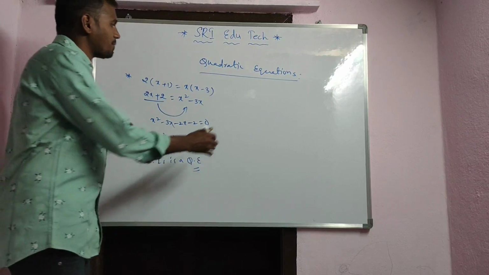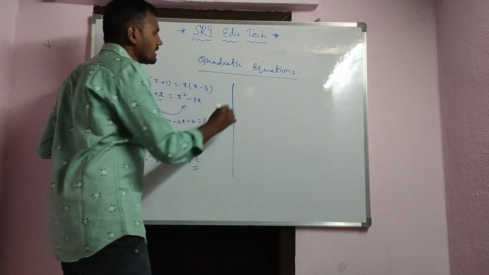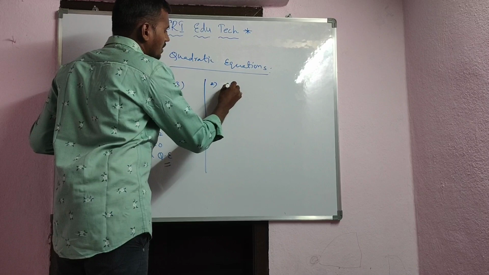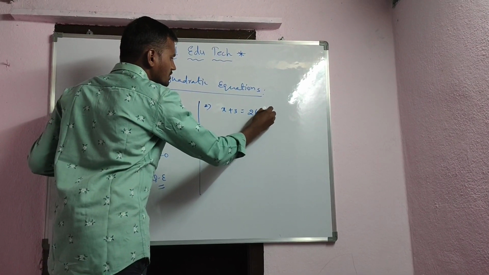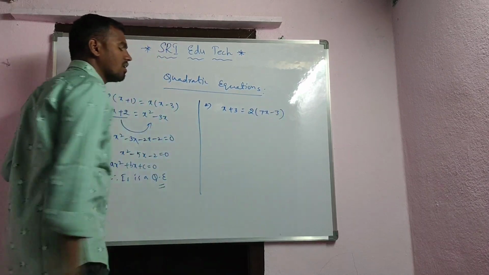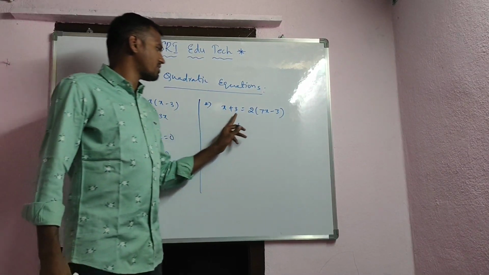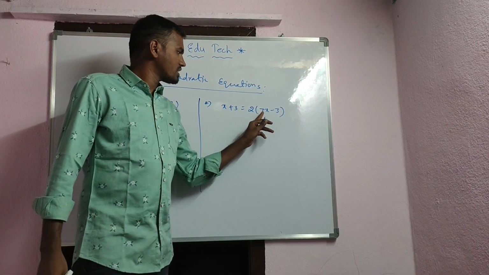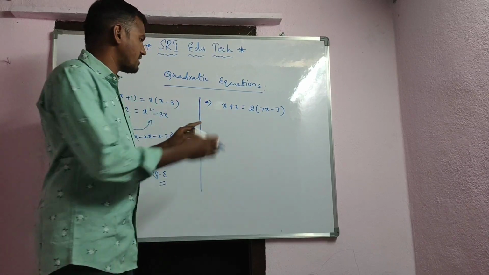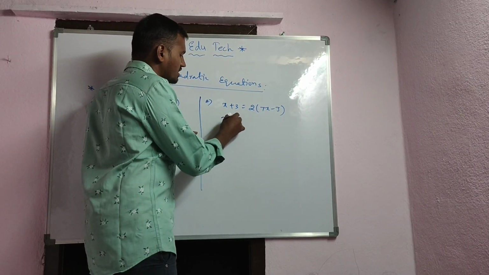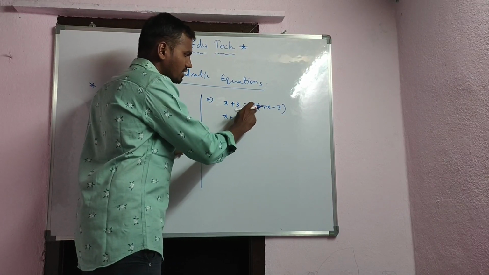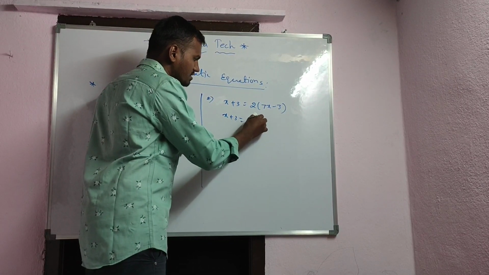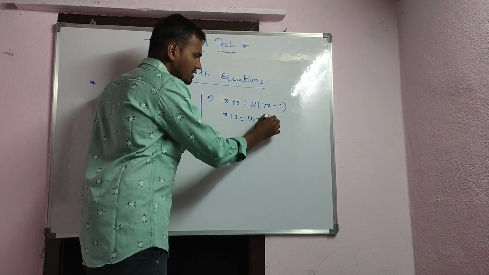Let us see another example. x + 3 = 2(7x − 3). We have to multiply the 2 inside the bracket: 2 sevens are 14x, minus 2 threes are 6.